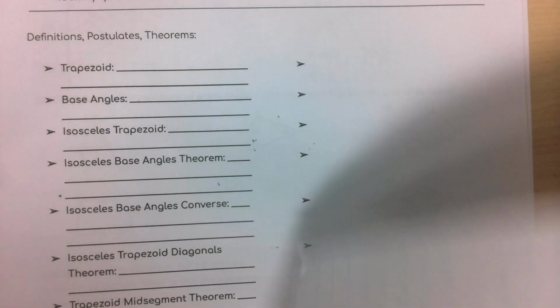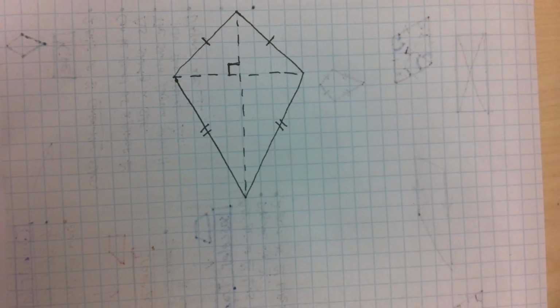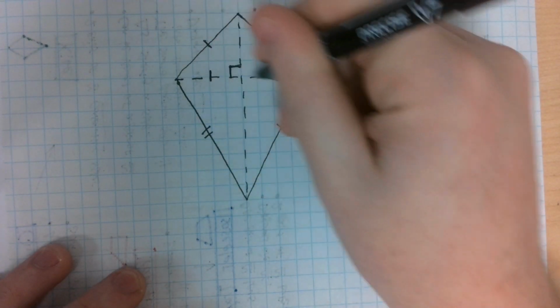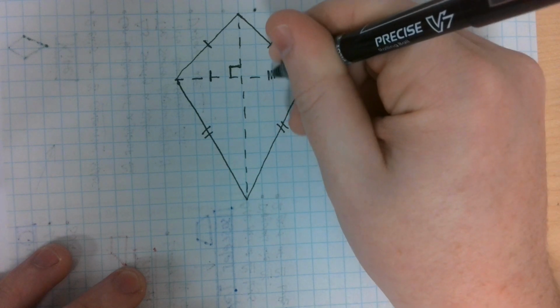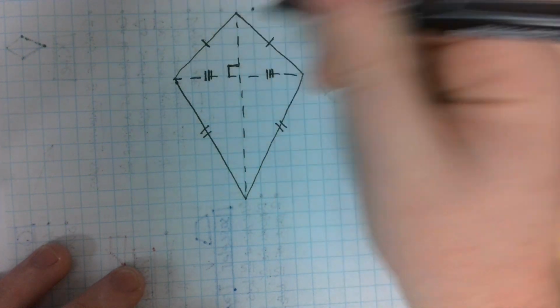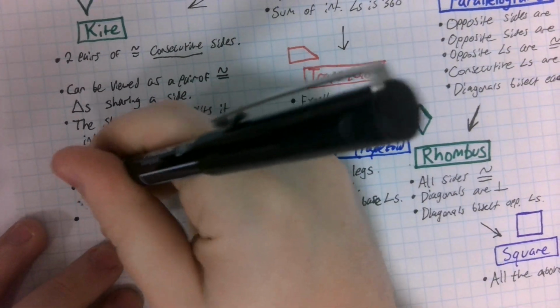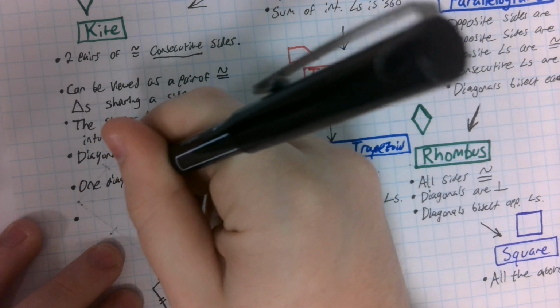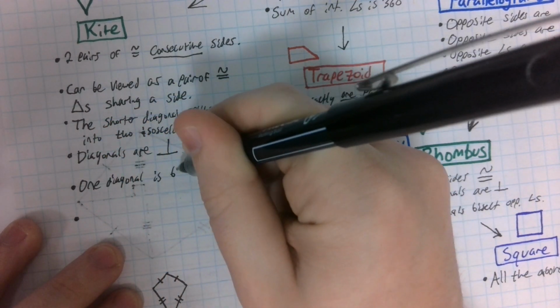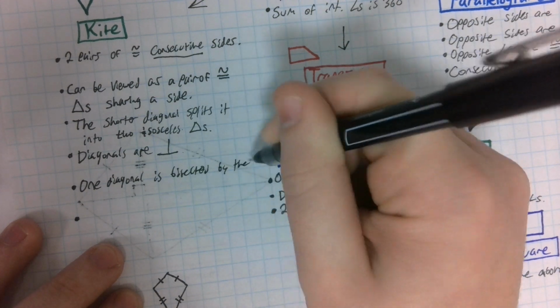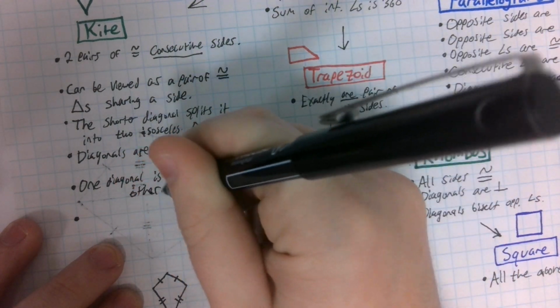But with the diagonals at least, the last thing that's important here is that this big diagonal is cutting the small one in half. So one of the diagonals is bisected by the other. One diagonal is bisected by the other.